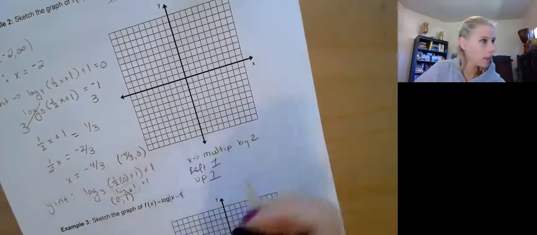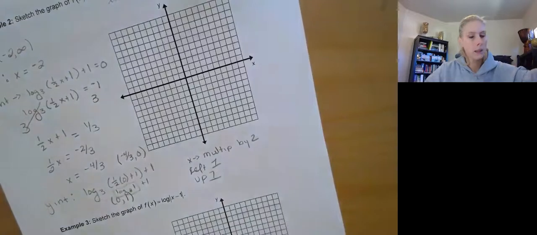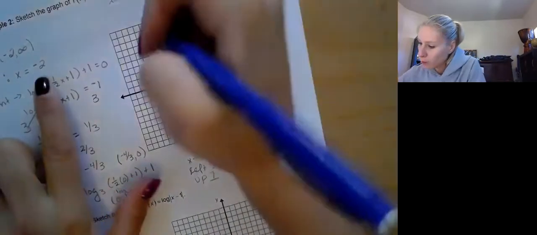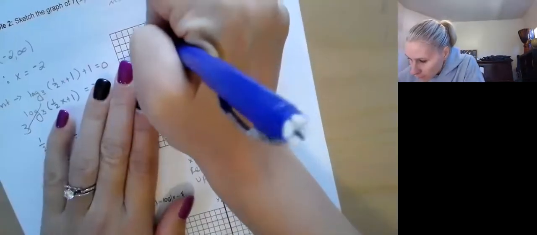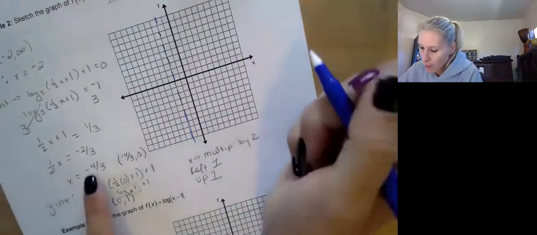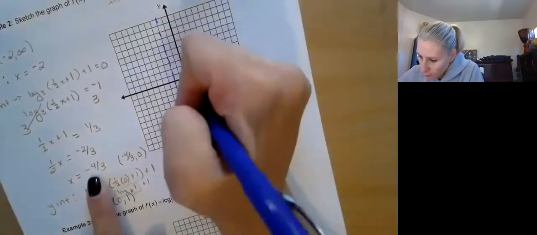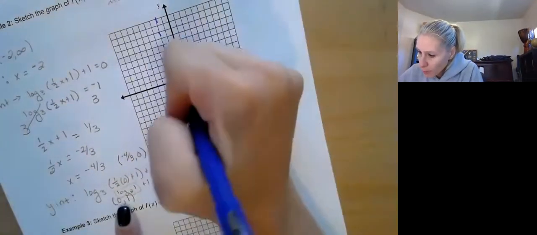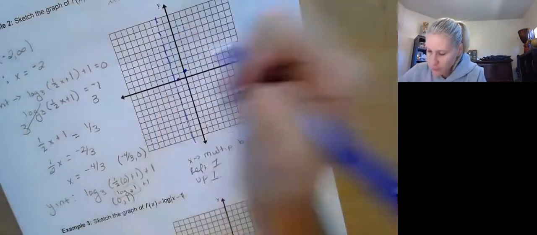All right, let me see if my colored pens come out correctly. So we have a vertical asymptote at -2. We have the point (-4/3, 0). And we have (0, 1). So that's great.